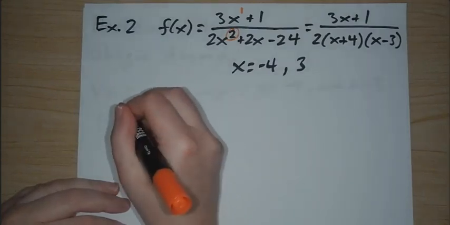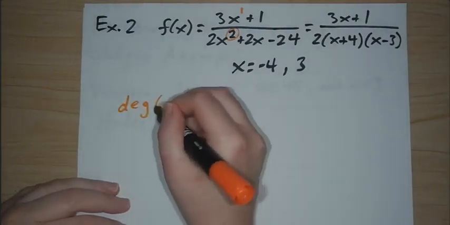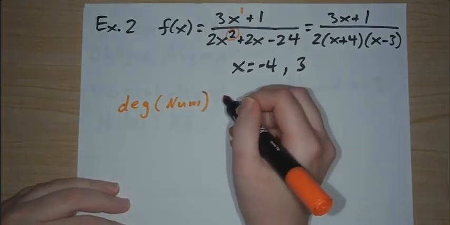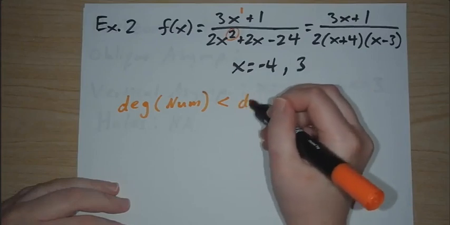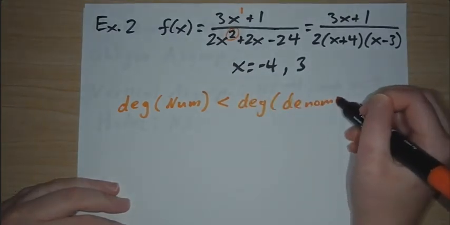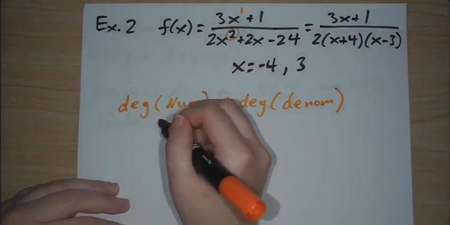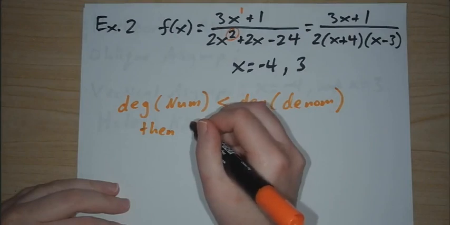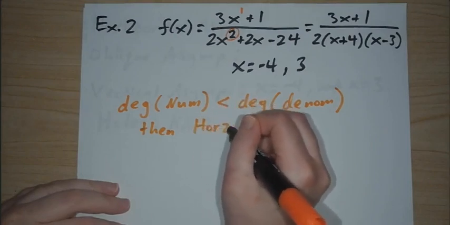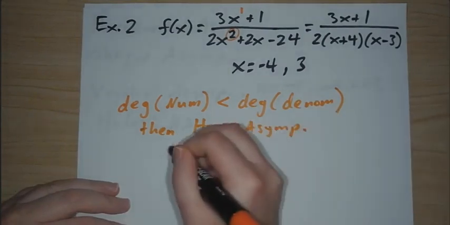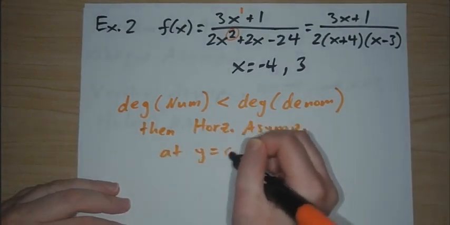So writing that down, if the degree of the numerator is less than the degree of the denominator, then we have a horizontal asymptote at y equals 0.